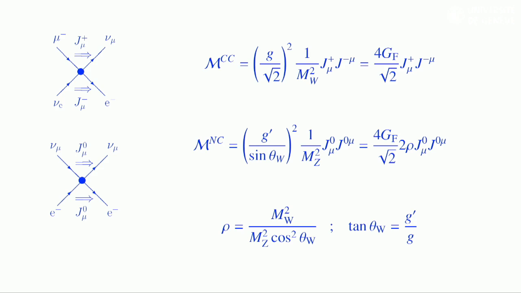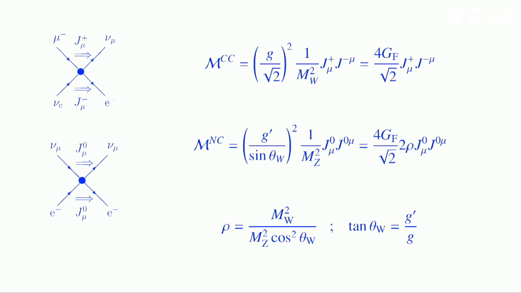Analogously, the interaction of the Z boson at low energy, that is Q² much smaller than the square of the mass of the Z, can be approximated by direct interaction of two neutral currents, NC. The constant ρ involves the Weinberg angle θW, which measures the ratio between the coupling constants of the weak charged and neutral interactions.